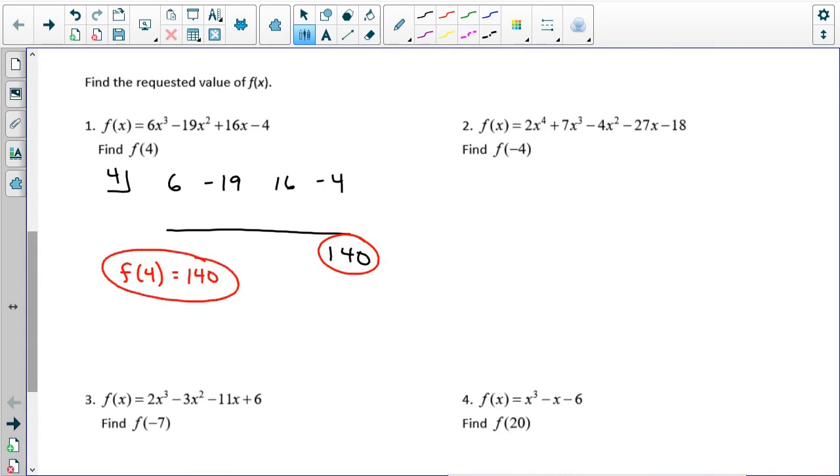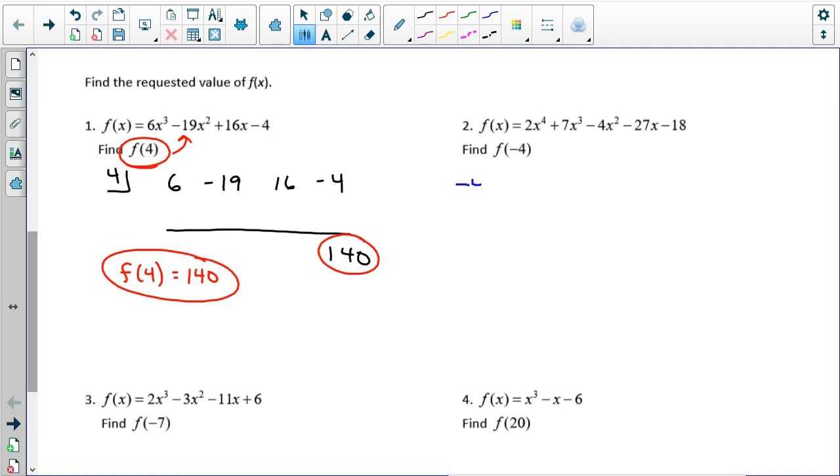Notice that that ends up being a really simple way of finding values by substituting them into equations. If I tried to do this without a calculator, without knowing synthetic substitution, this would be pretty hard. But since I know that the remainder of the division of the polynomial ends up being the answer, it's not nearly as bad. Problem 2.